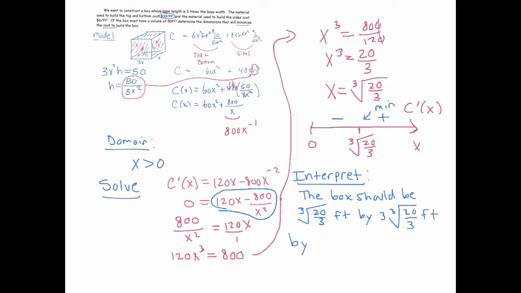So let's go to our height relationship. The height is 50 over 3x squared, so that's 50 over 3 times the cube root of 20 over 3, squared.